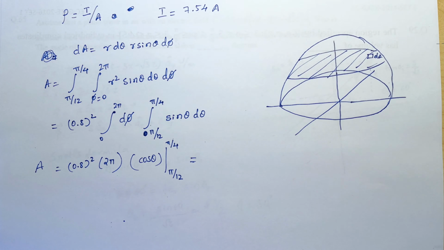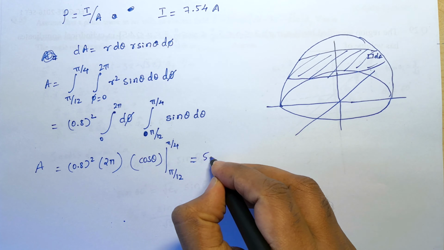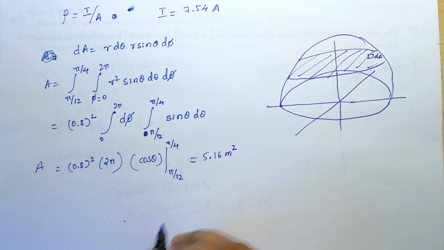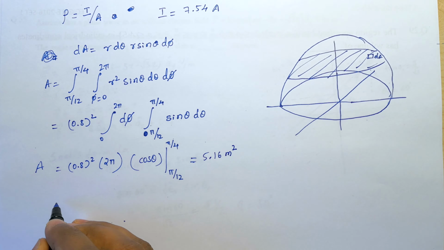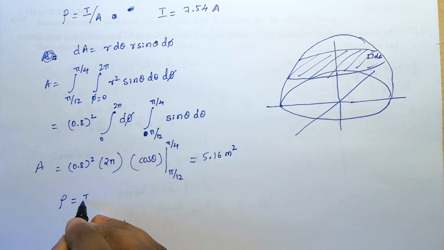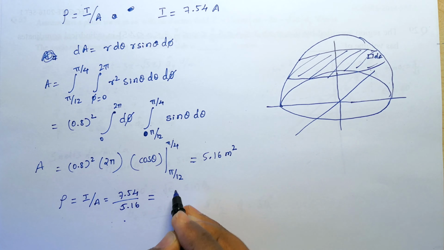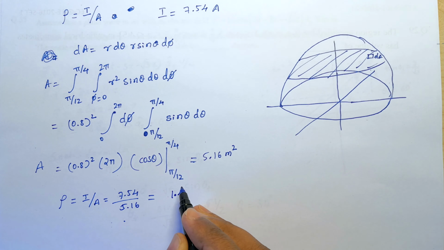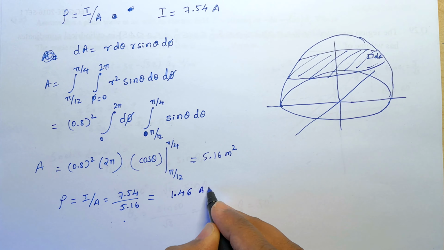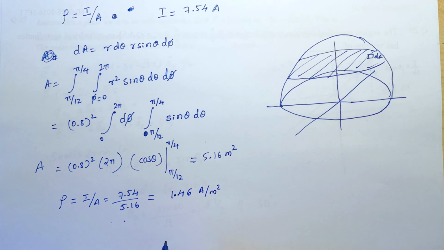If I calculate this value, I get 5.16 meter square. So the current density rho is given by I by A, and we know that I is 7.54 divided by 5.16, and this turns out to be 1.46 ampere per meter square.